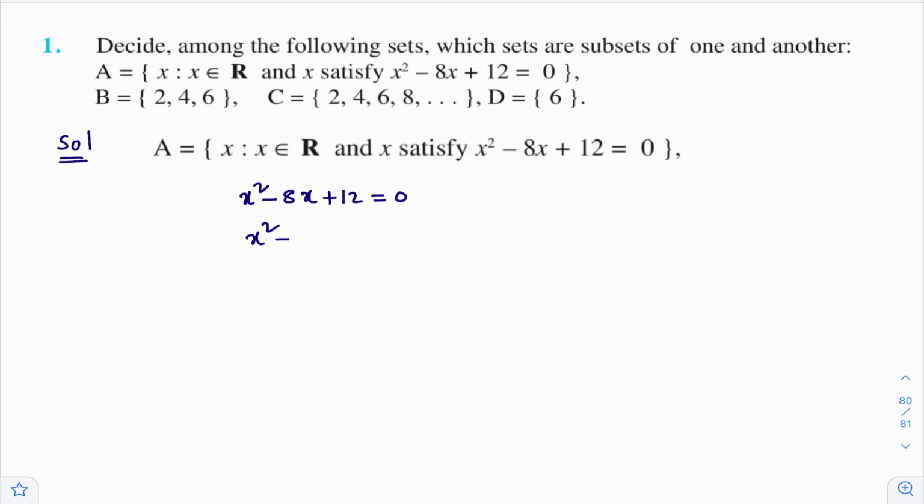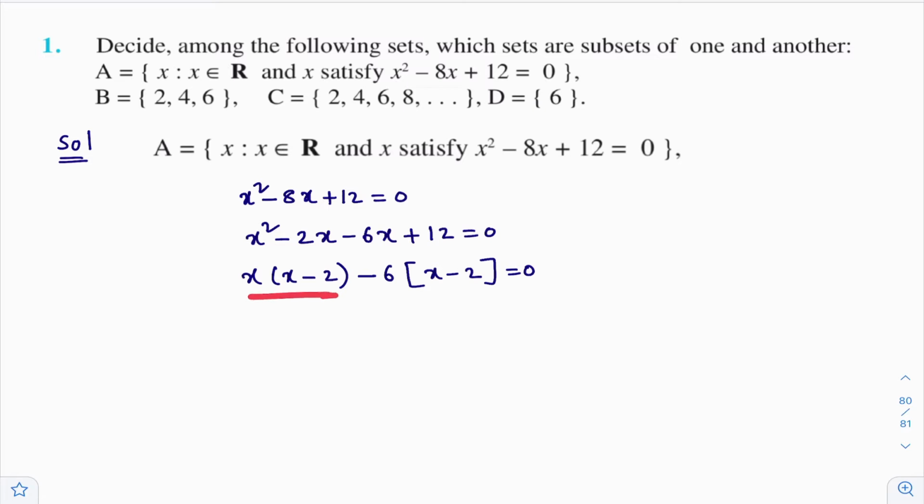Minus 8x can be written as minus 2x minus 6x, plus 12 equal to 0. Now in the first two terms, take x common, then you will get x into (x minus 2), minus, and in the last two terms, take minus 6 common, then you will get (x minus 2), equal to 0.